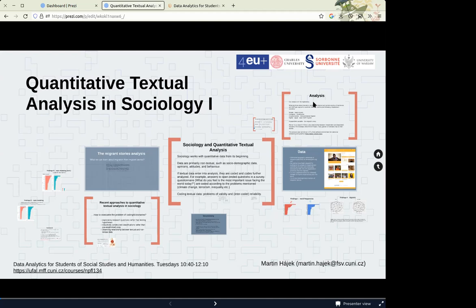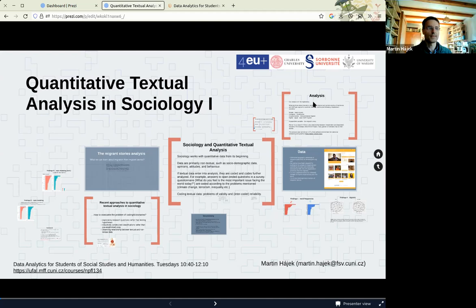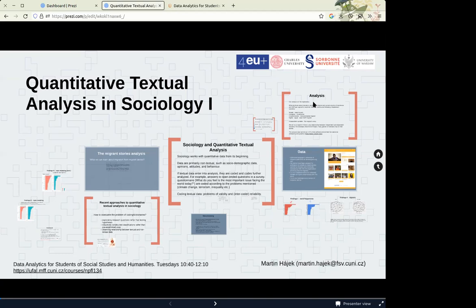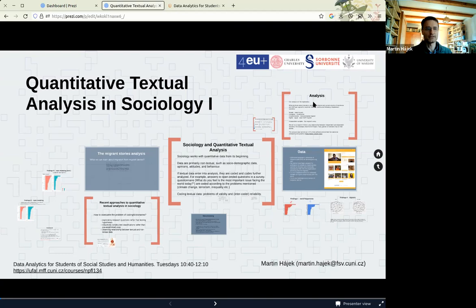In the first lecture today, I will talk about the general approach of textual analysis in sociology, the modern or recent one, and I will illustrate this approach on data from the website I'mAmigrant.org. This example is made especially for this class.